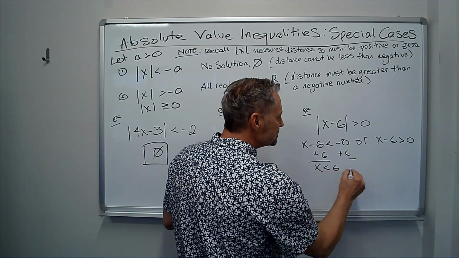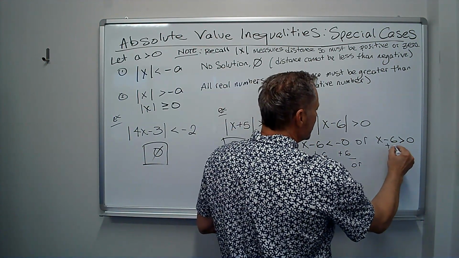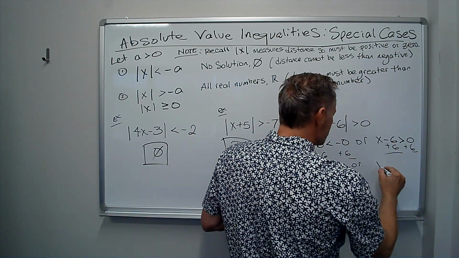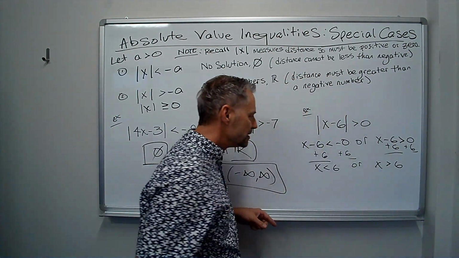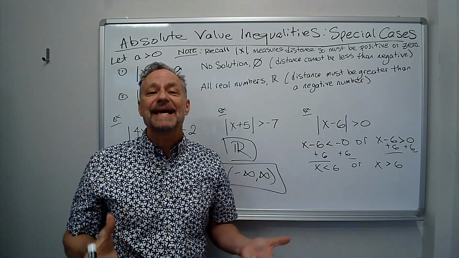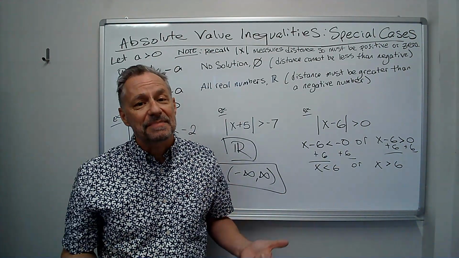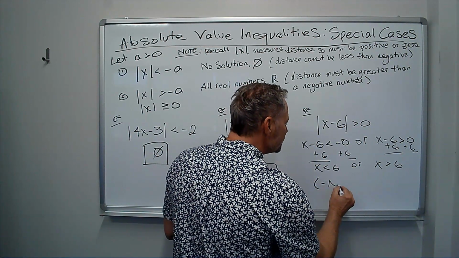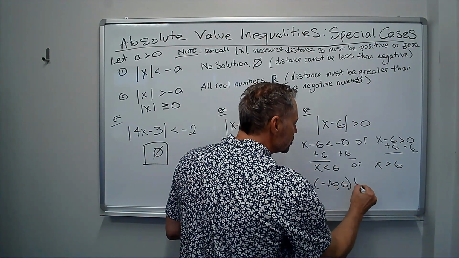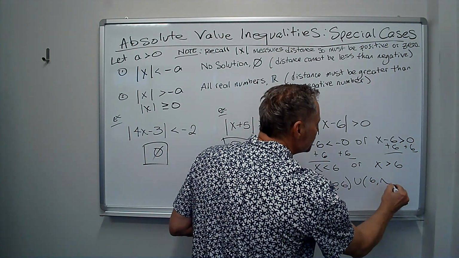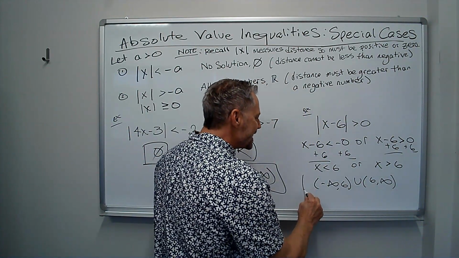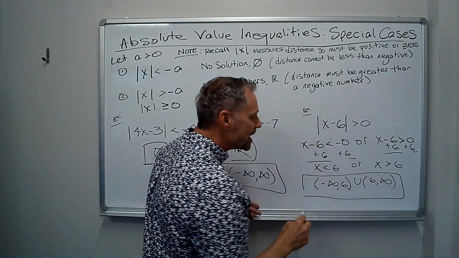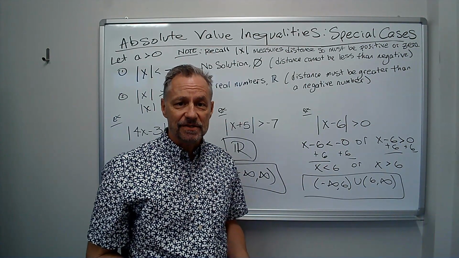Either x is less than 6 or x is greater than 6. And it looks like, well, isn't that everything? Well, it's everything except 6. So this would be the interval negative infinity to 6, union 6 to infinity, and it's in fact the whole number line except the value 6.